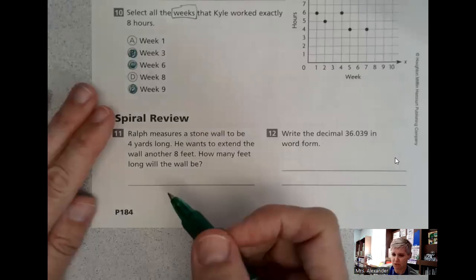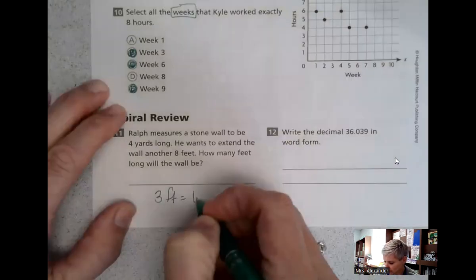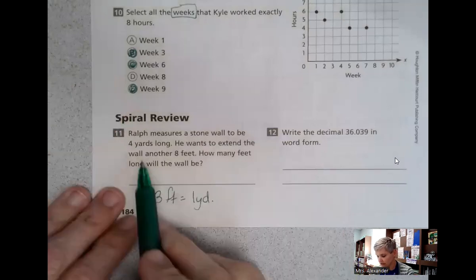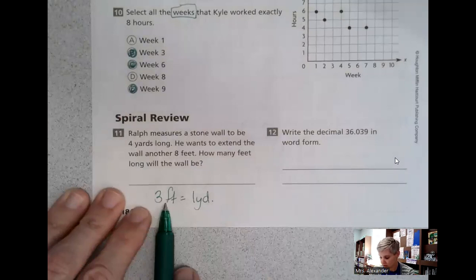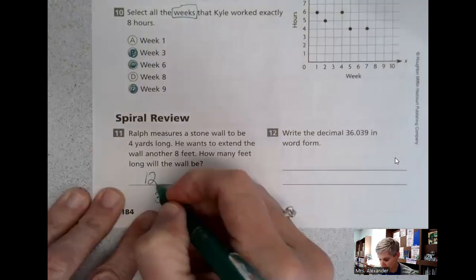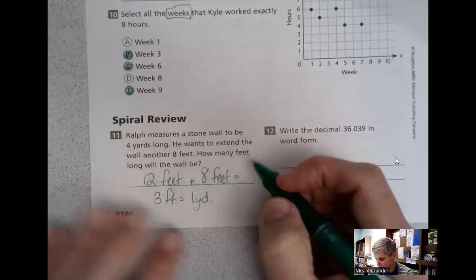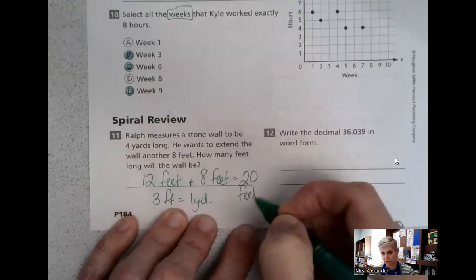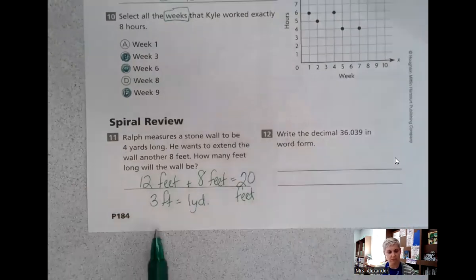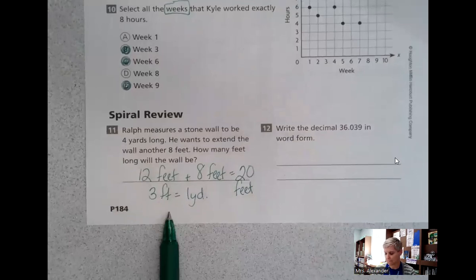I believe, double check me, there are 3 feet in 1 yard. So if I have 4 yards, then I have 12 feet. And he wants to extend it another 8 feet, which would equal how many feet? 20 feet. Okay, somebody check that one. 3 feet in a yard. Check that one for me.